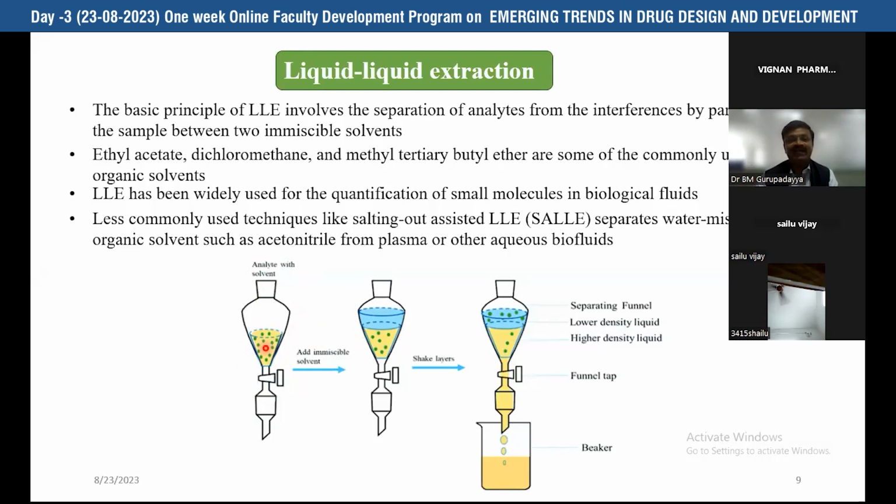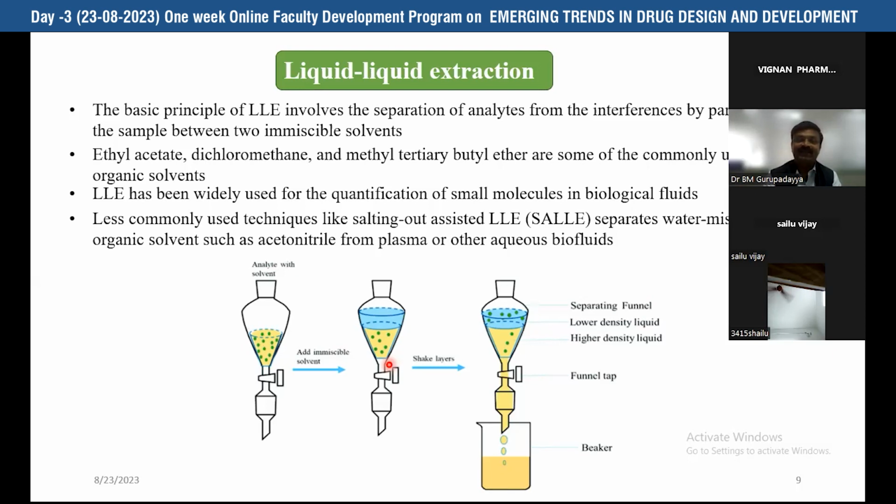When you add the solvent for liquid extraction, the sample which is in the aqueous fluid moves on to the non-aqueous phase. If the sample is embedded in a biological liquid matrix and you take a non-polar solvent, the sample is transferred into the non-polar solvent.